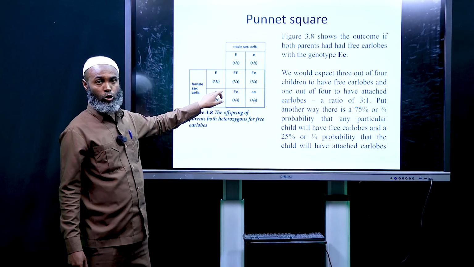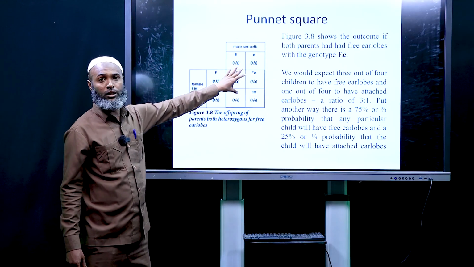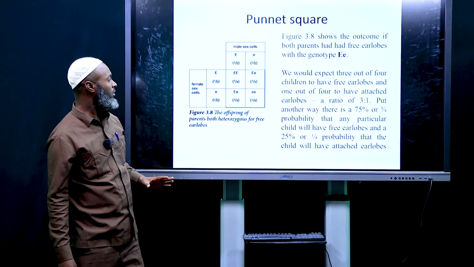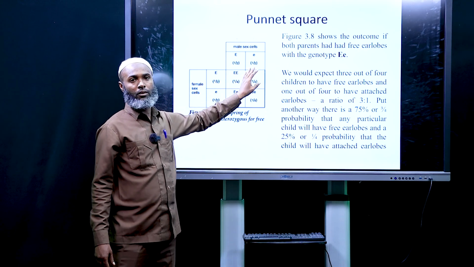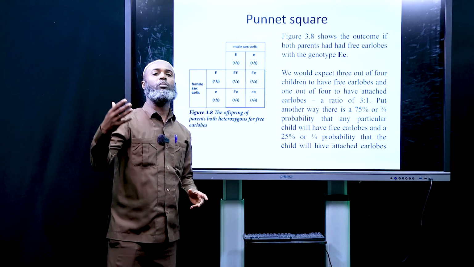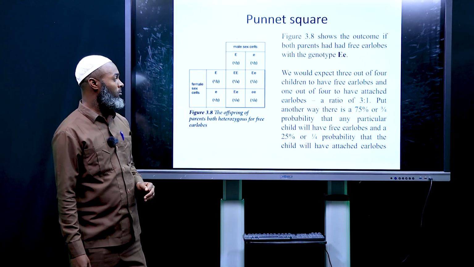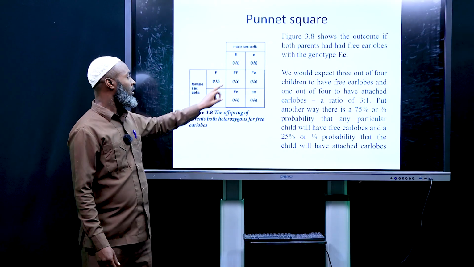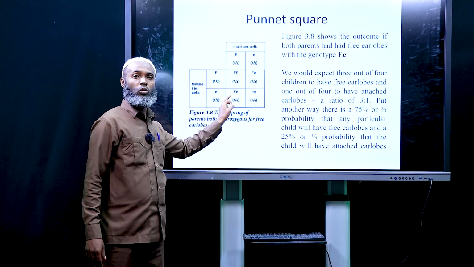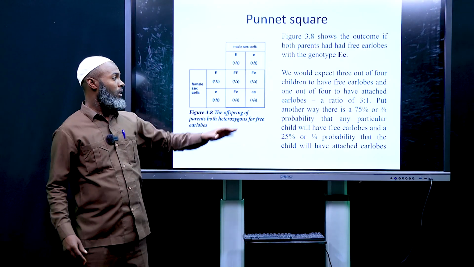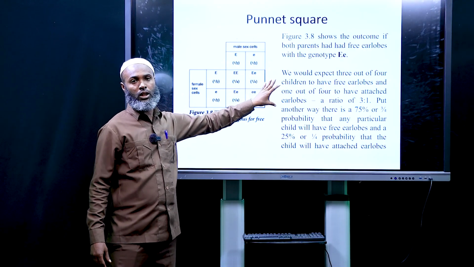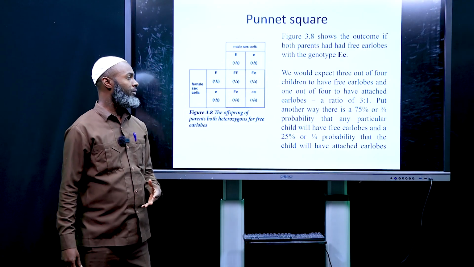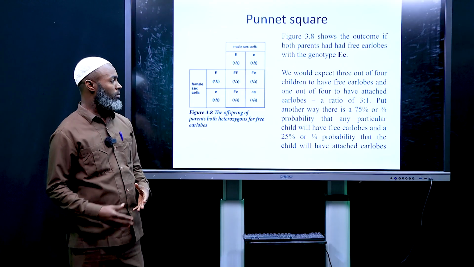Genotypically they are different, but phenotypically they do have free earlobe, because for free earlobe capital E is dominant. So in these 3 boxes, 1, 2, 3, we do have capital E. So 3 children from the 4 children would have free earlobe.